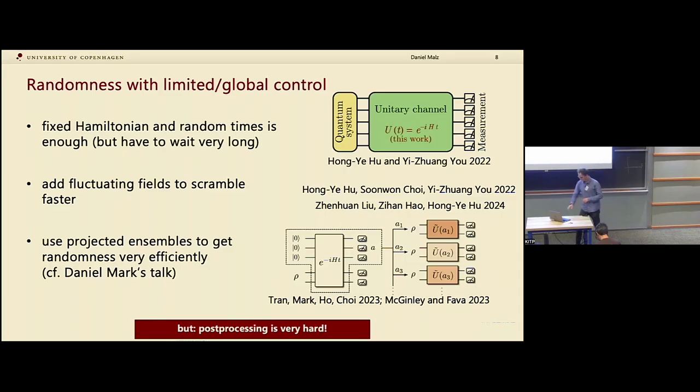And in this specific setting, we also numerically looked at how easy or hard it would be to estimate the whole correlation matrix. Now the sample complexity scales as a power law in system size in this case.